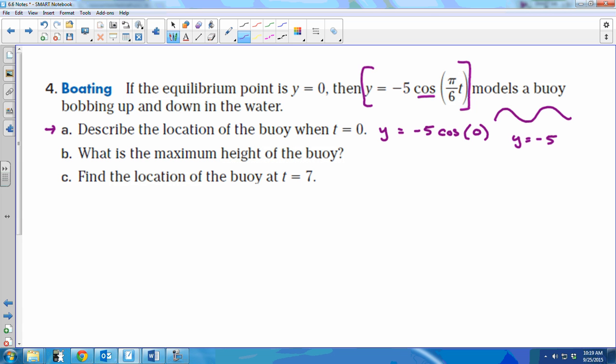So we are -5 units from equilibrium. It just says describe the location, so that's what I'm saying. Questions about what happened on A? Honestly, all you have to do is substitute a number into the equation, right?